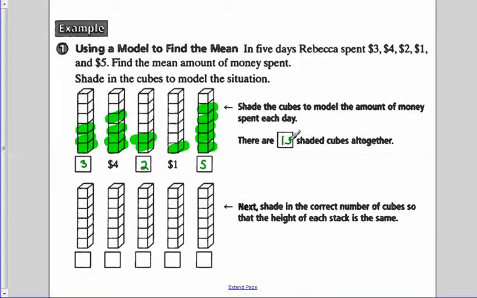So I've got 15 cubes, I've got 5 columns, so each column is going to need to have 3 cubes shaded. That'd be one way to represent or identify what our mean is, so that everything has the same.